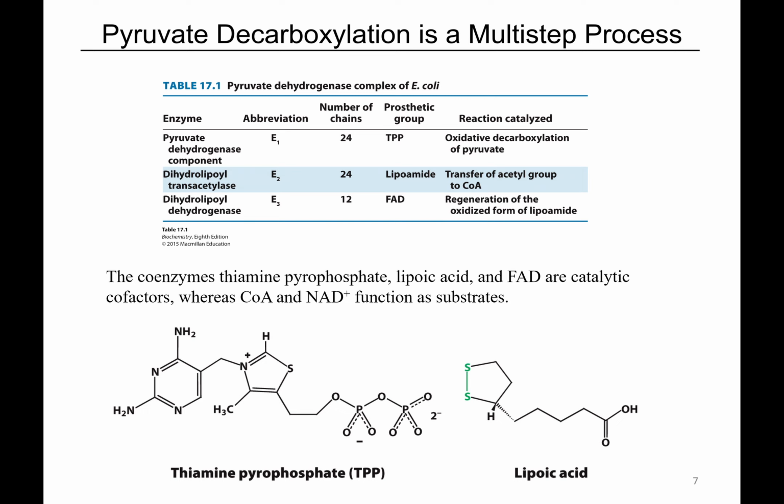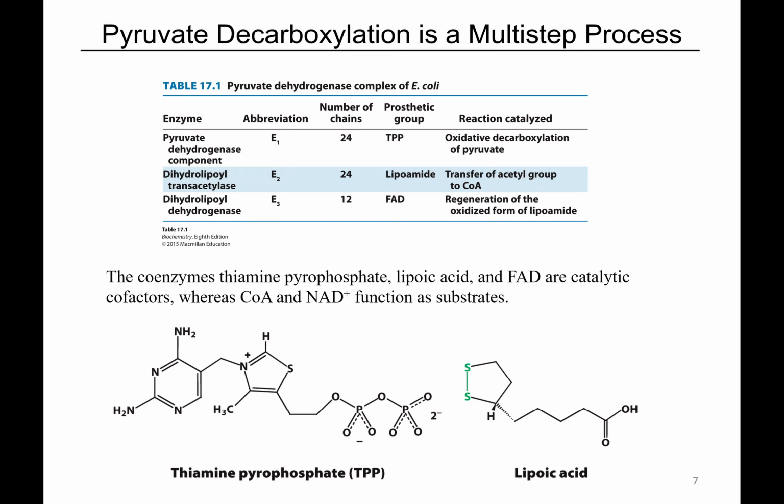So this can easily be deprotonated, forming a stable carbanion. That generates a really nice nucleophile for nucleophilic attack. The other notable thing about TPP is that we have this positively charged nitrogen, which we've seen before, is a really great electron sink. Okay, this is going to be important. We're going to see that the carbanion gets linked up to TPP.